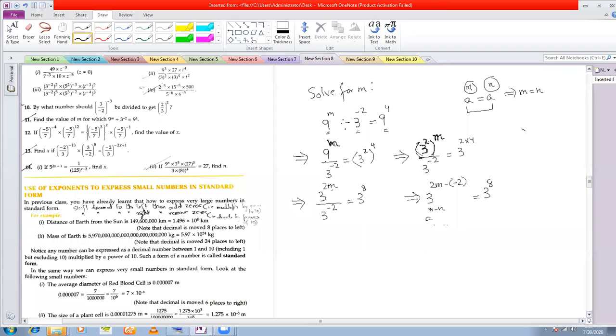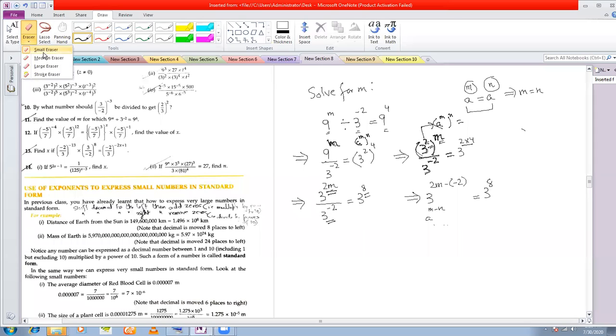Divided by 3 to the power of minus 2 is equal to 3 to the power of 2 into 4. This is a to the power of m whole to the power of n form, where the powers can be multiplied, a to the power of m into n. Now see here again, this is also what form? a to the power of m whole to the power of n, isn't it? So the powers can be multiplied, 2 and m. That is what I have done. Divided by 3 to the power of minus 2, and 3 to the power of 2 into 4 is 3 to the power of 8.